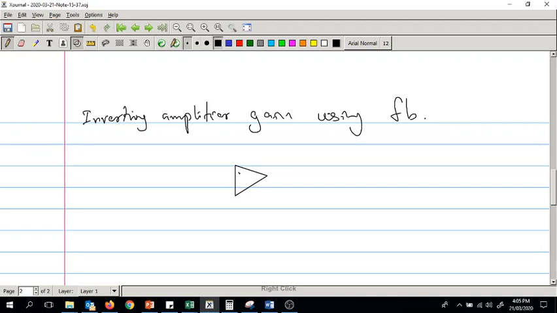So you have the amplifier, plus and minus, sorry, this is minus. So Vi, RF.